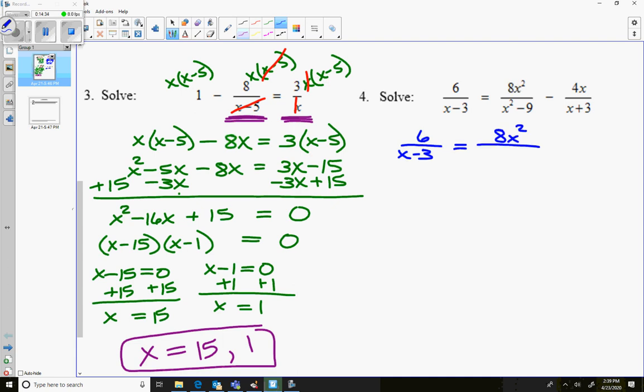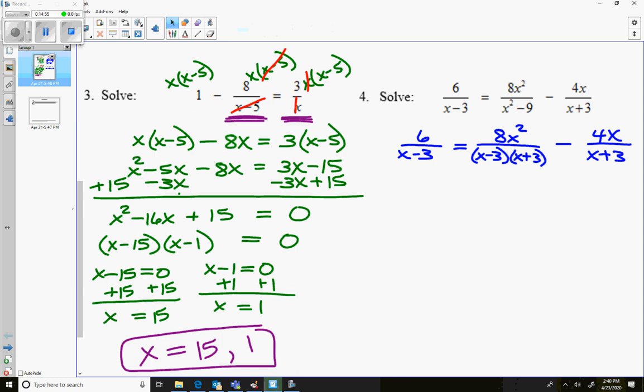Hopefully you recognize right here that x squared minus 9 is a difference of two squares that will factor as x minus 3 times x plus 3. The rest of the problem is just coming along for the ride at the moment.